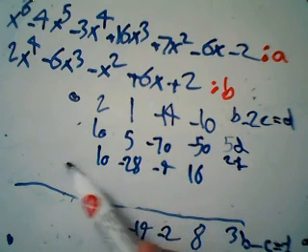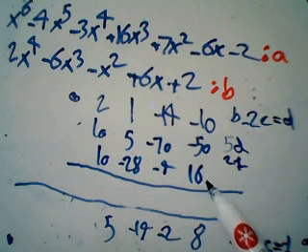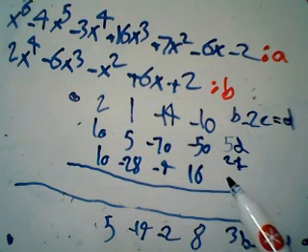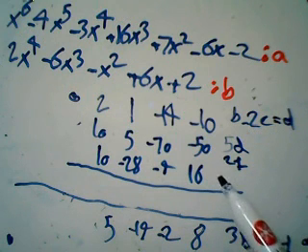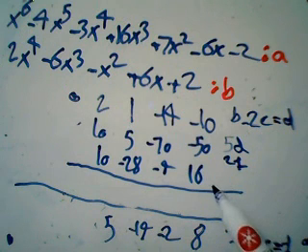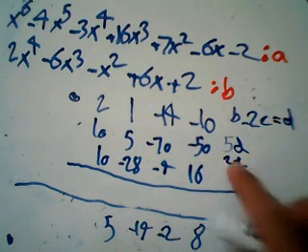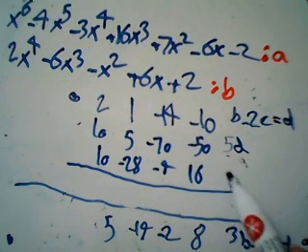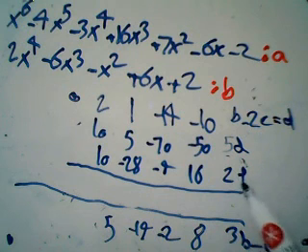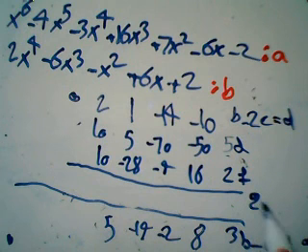And add these two, subtract one from another. Let's subtract this from this. So this is 2f minus 5d.